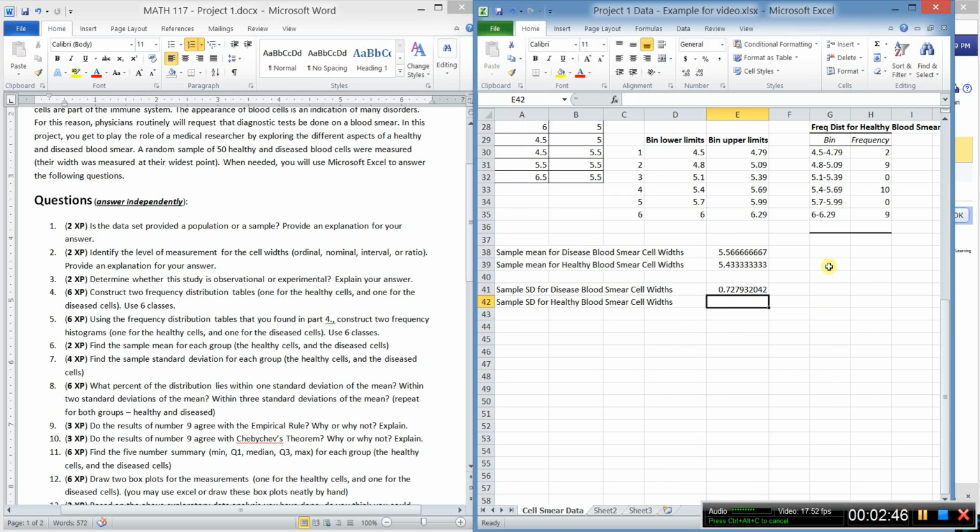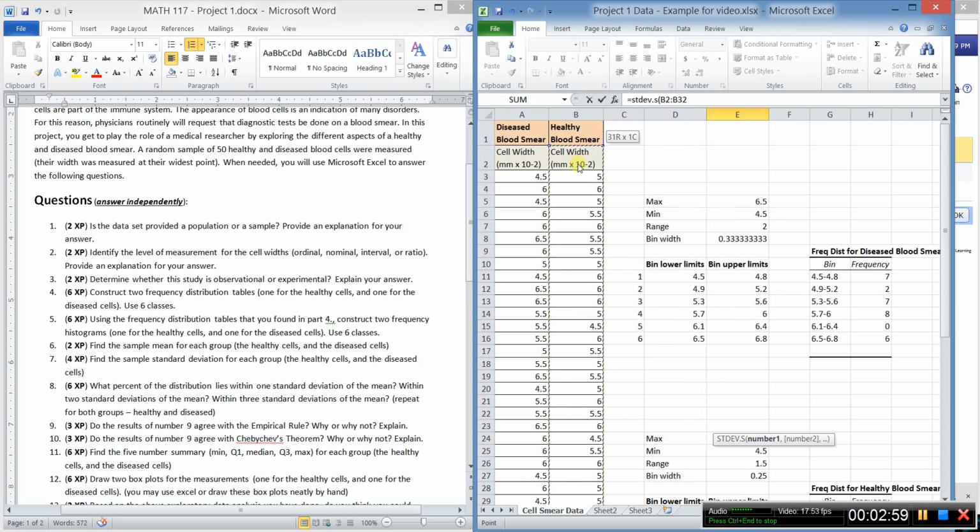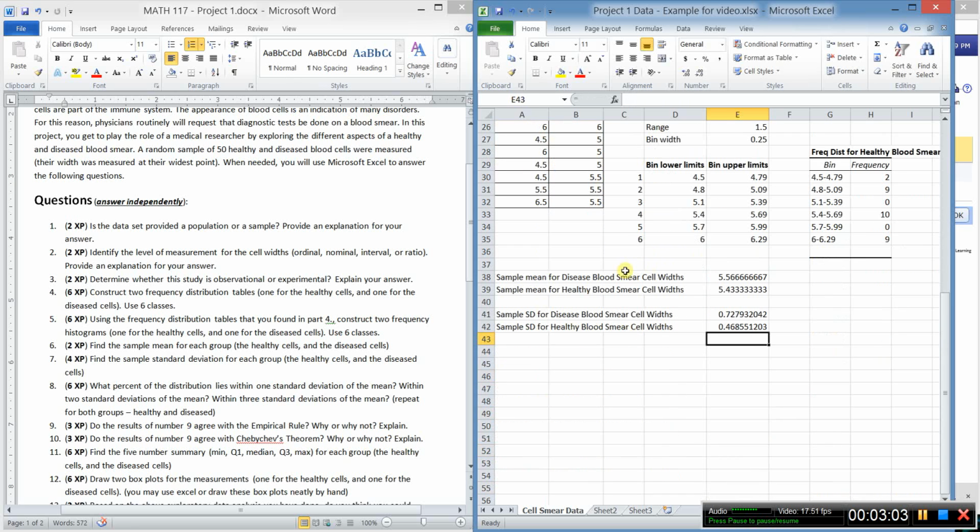Close the parentheses, and there we go. So this is STDEV.S. Then highlight all the data for the healthy blood smear. So there's the sample standard deviation for both of those. That answers how to do number 7.